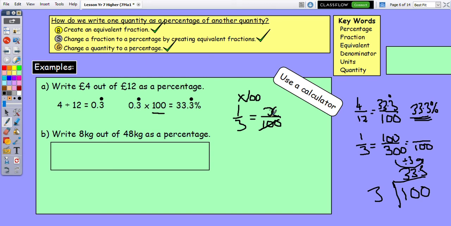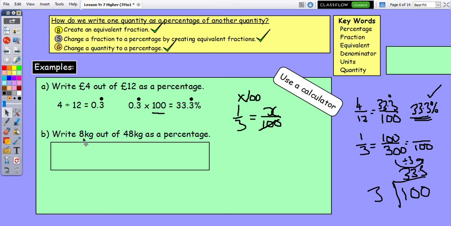So 0.3 recurring multiplied by 100 is 33.3%, which is what we got here. So this maths is the same as this maths. It just seems a little more complicated to explain. But all I essentially do is 4 divided by 12 multiplied by 100, and it gives me the percentage.